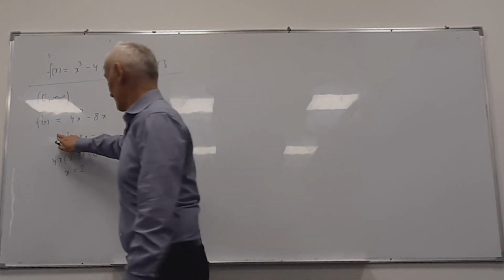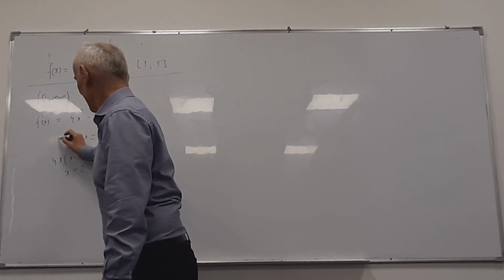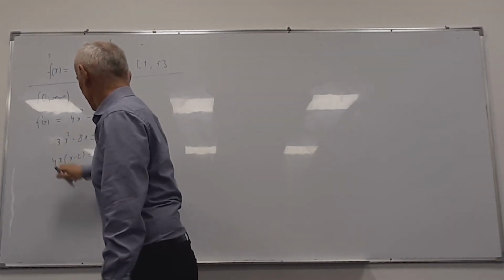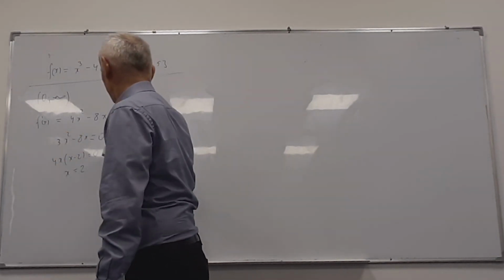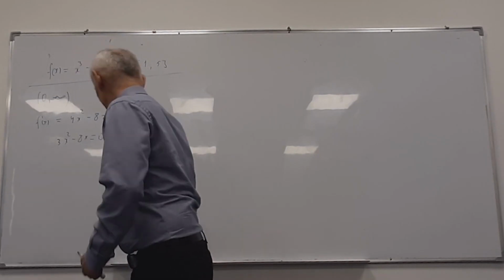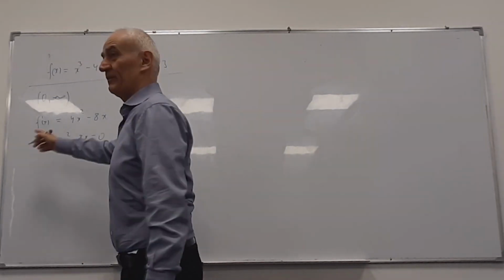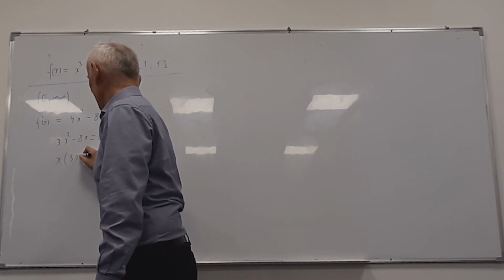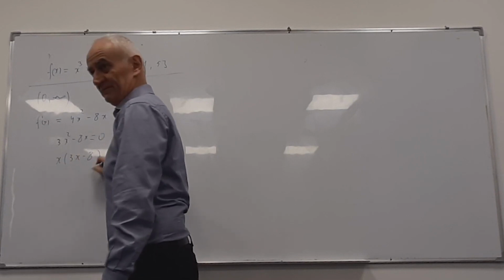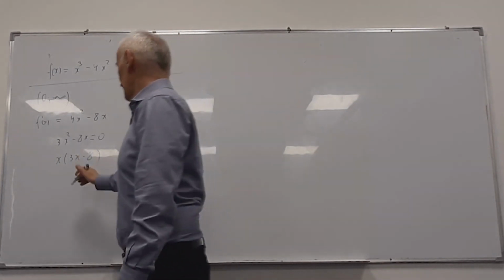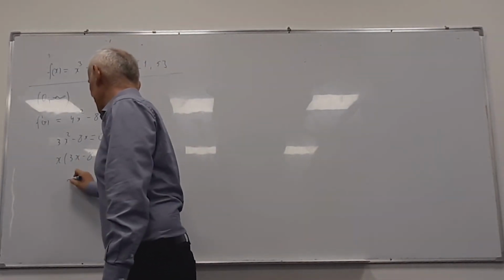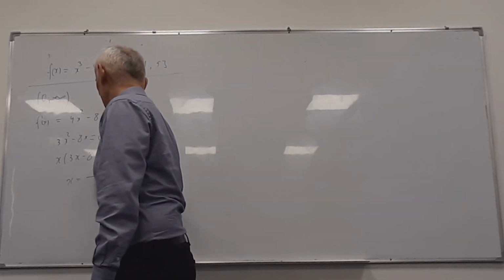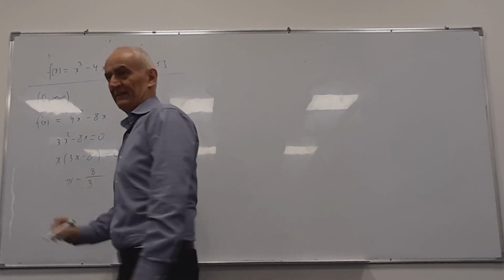Oh yes, sorry, I made a mistake. Thank you, Annie. So we can factor out just x and 3x minus 8, and the solution is going to be x equals 8 over 3.